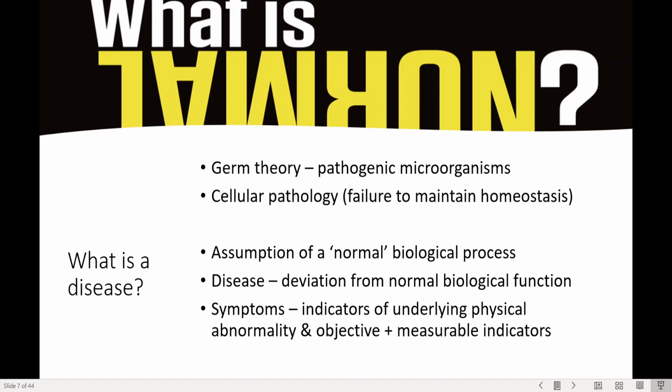Both of these theories assume that there is a quote-unquote normal biological process that would happen in the absence of a disease, and so disease therefore becomes a deviation from normal biological functions.